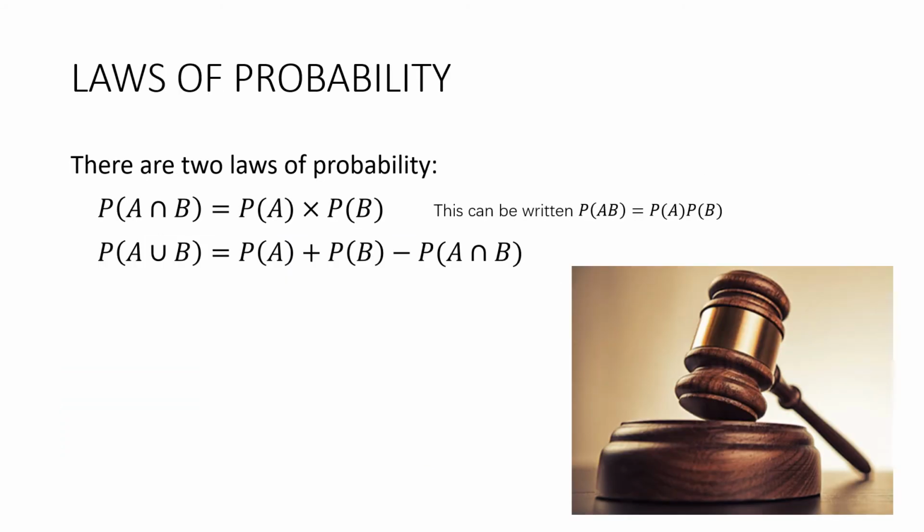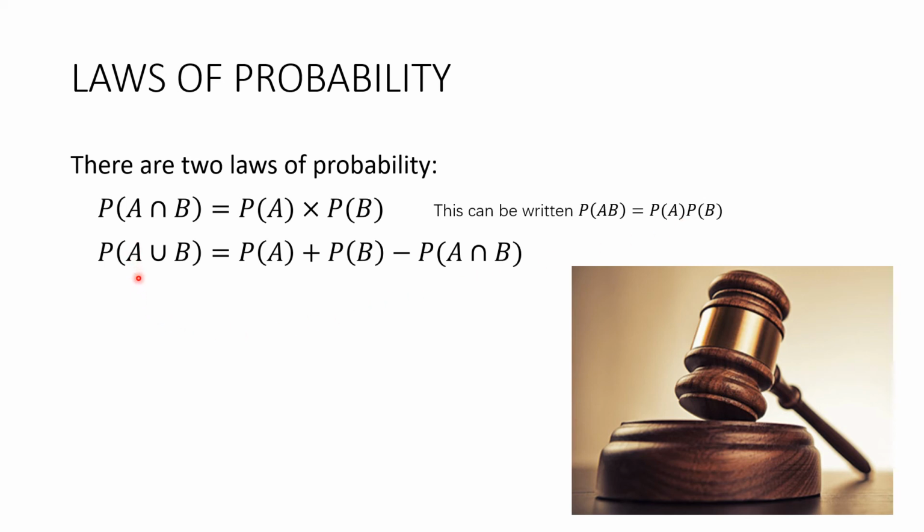Okay, the last thing we've got to learn for this lesson is the laws of probability. And there are two. There's one for intersection and one for union. The probability of A intersection B is just equal to the probability of A multiplied by the probability of B. We might sometimes write it like this without the times sign, but you should be used to that from algebra. Then there's this one.